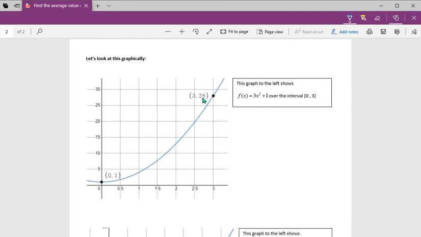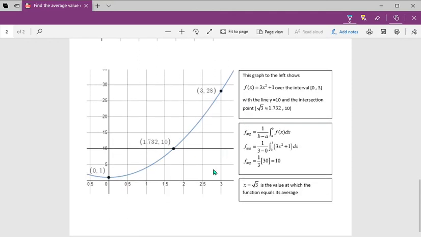When you're referring to the value of a function, that's what you're referring to, the y values. Well, we have an infinite number of points between 0, 1, and 3, 28. So we're looking for the average of an infinite number of y values. Traditional algebra will not allow us to do that, but calculus will. That's what we did on the top half of the first page. We found out that the average of all those y values is 10.